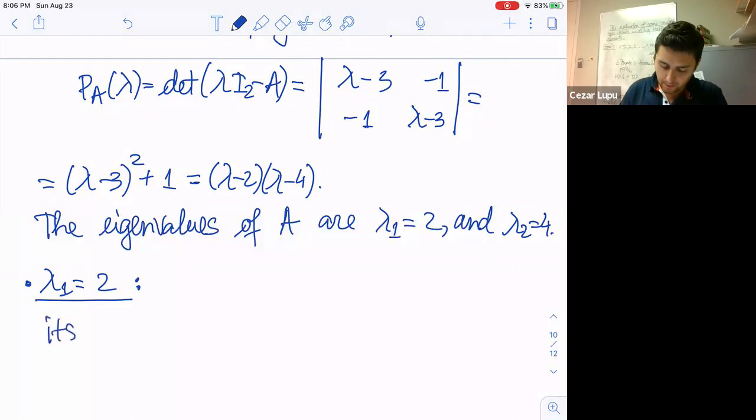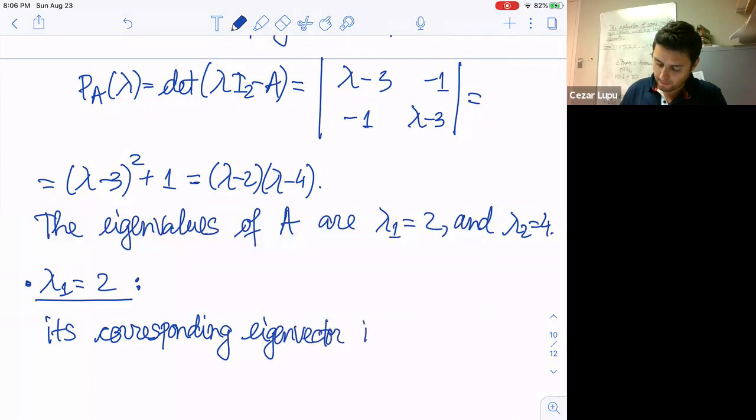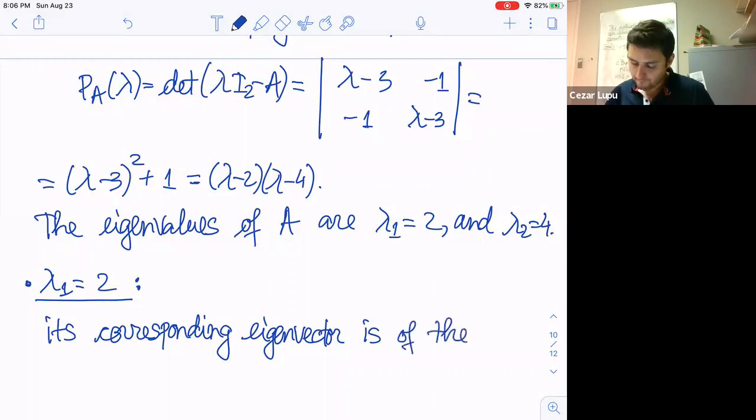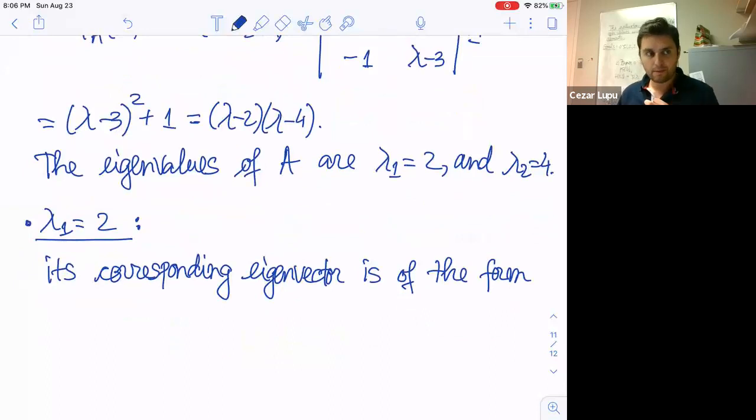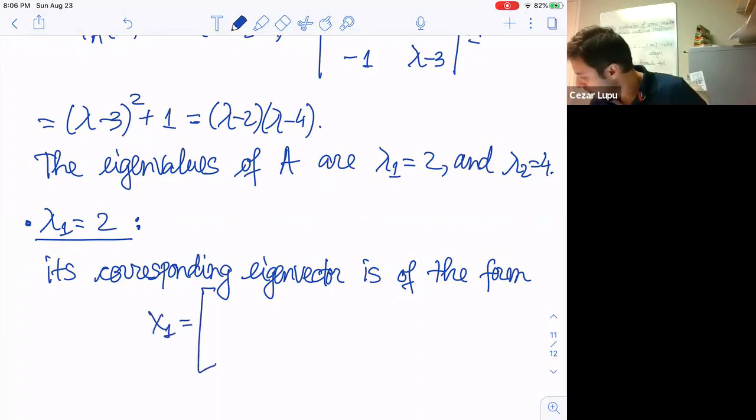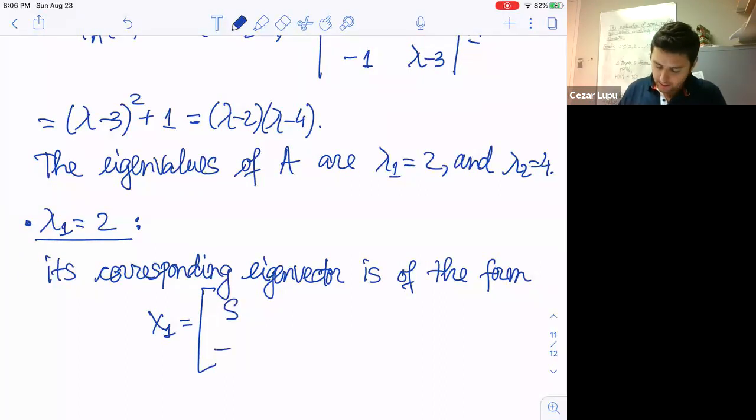Its corresponding eigenvector is of the form, you have to solve the system Ax equals lambda x, and I think I've done the computations here, so I'll just write it directly and leave the details to you. x1 will be (s, negative s) with s a real number.